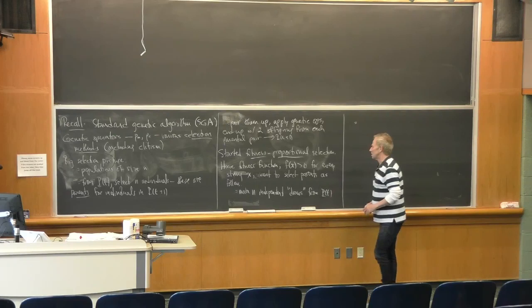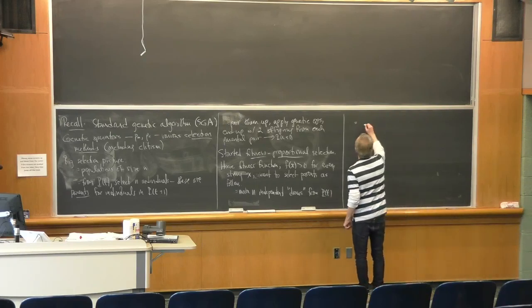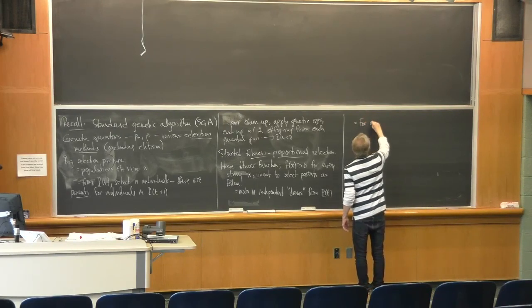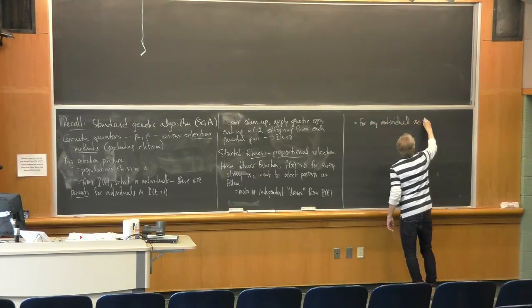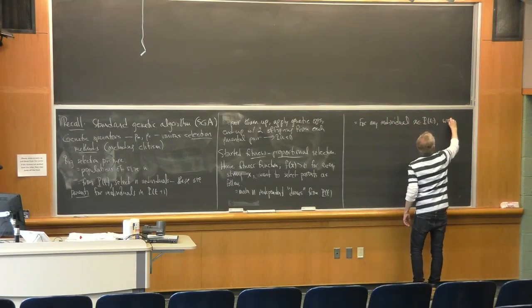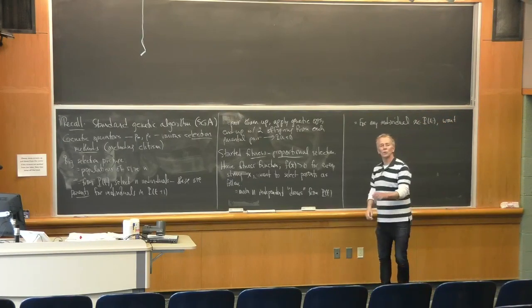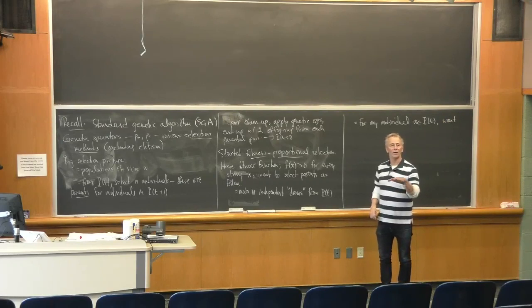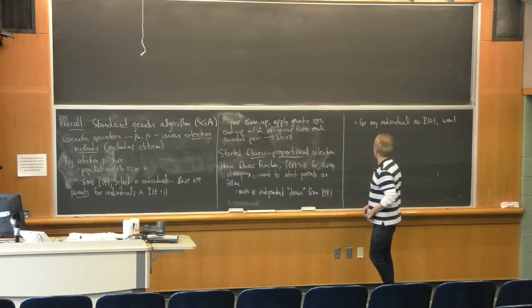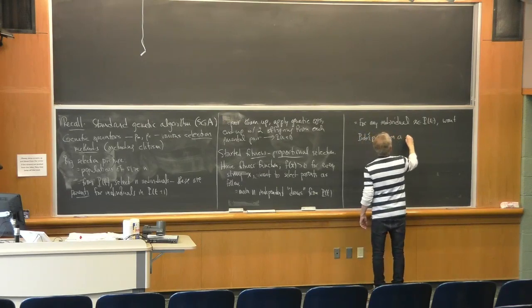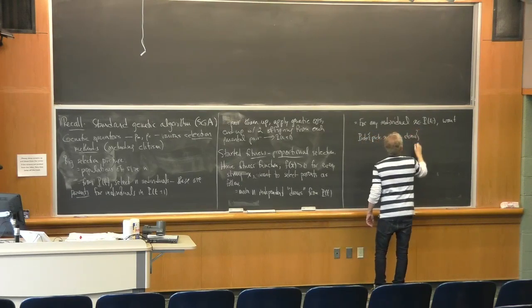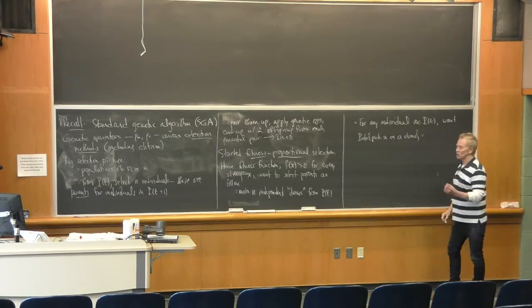And what you want is, for any individual x in P of t, we want the probability that you pick x on any of these n independent draws, so the probability that you pick x on a draw, we want that to be proportional to the fitness of x.